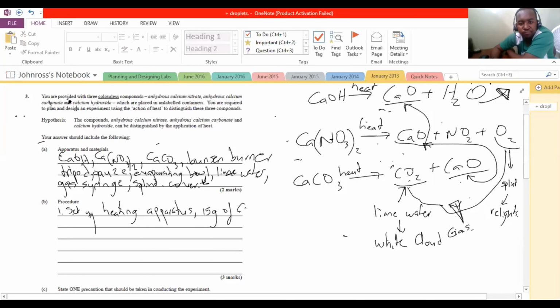Let's label them A, B, C. So I do 15 grams of each. And then we place A in the evaporating bowl.